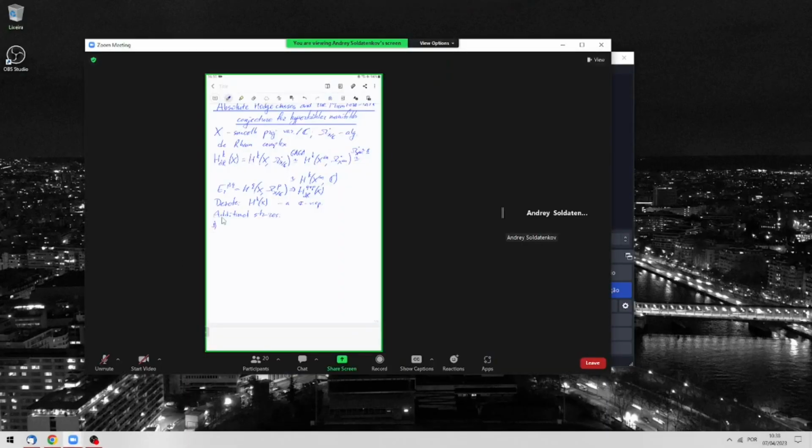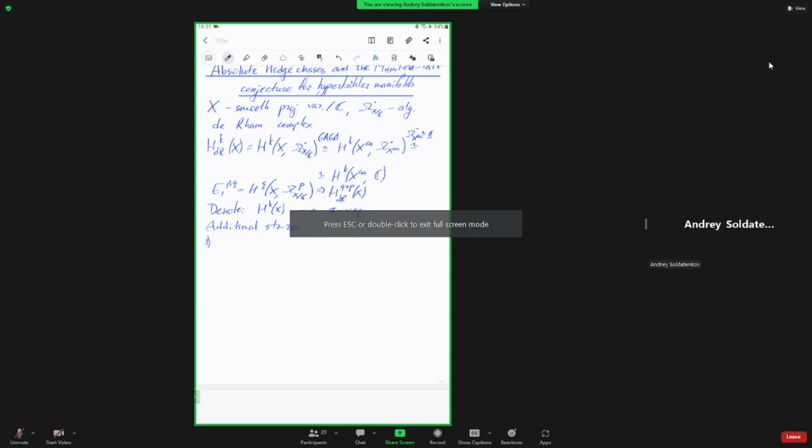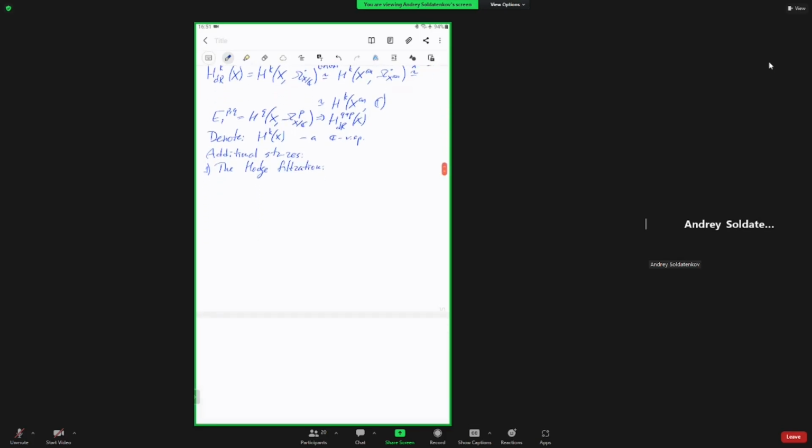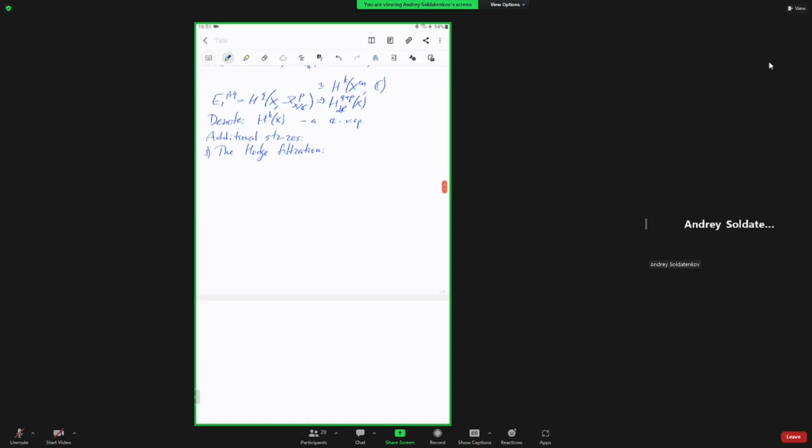Well, first of all, we have the filtration induced by this Hodge to Deligne spectral sequence. It's called the Hodge filtration. It can be described as follows. We consider our Deligne complex and we truncate it in degree p. We replace all terms in degree less than p by zeros, and then this will be a subcomplex.